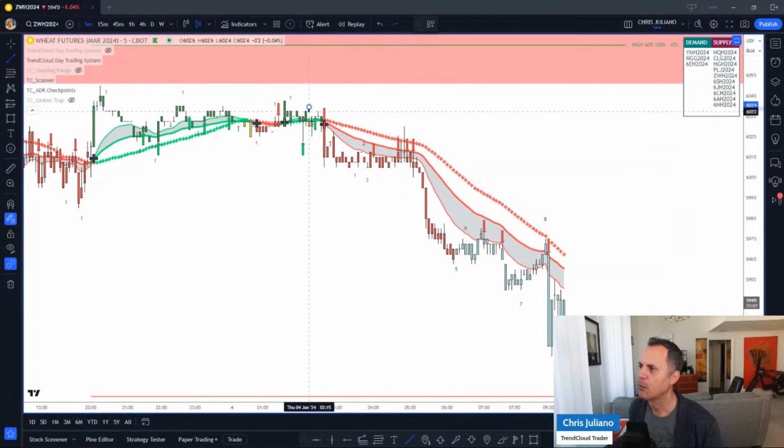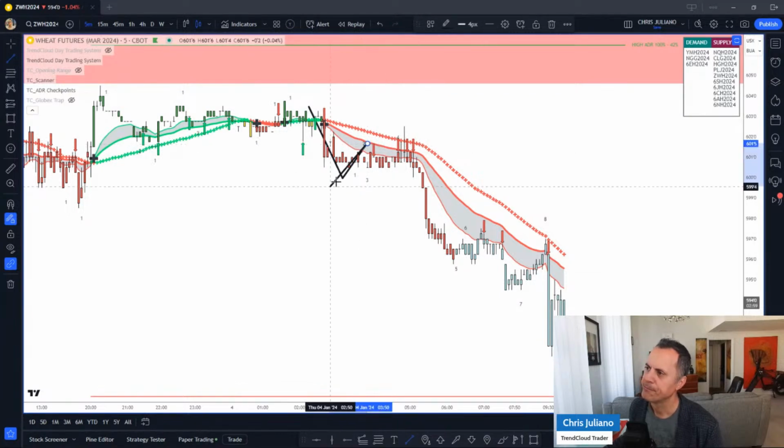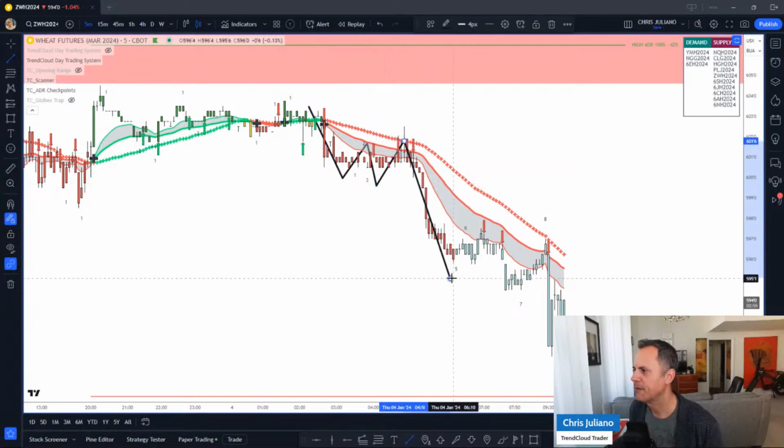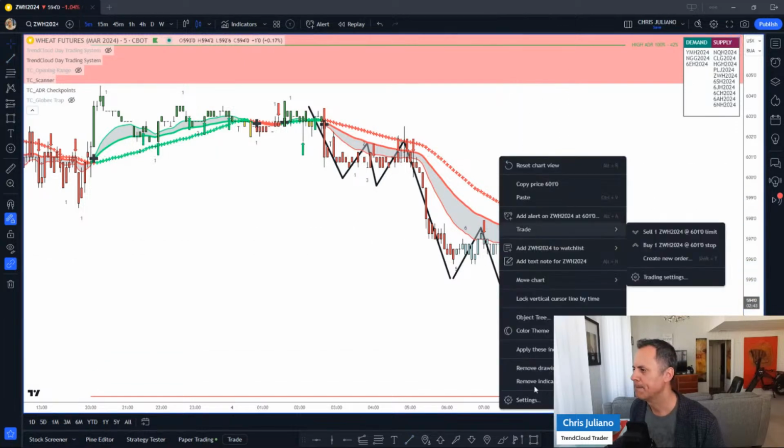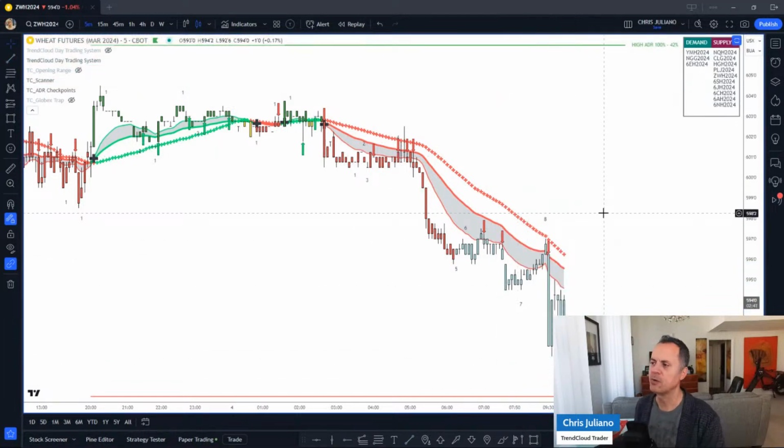So we've got 1, 2, and you can see it's being counted here, right? 3, 4, 5, 6, 7, 8, 9. So we're in the 9th wave here. We're really extended here. So what you want to do is just be mindful of that.